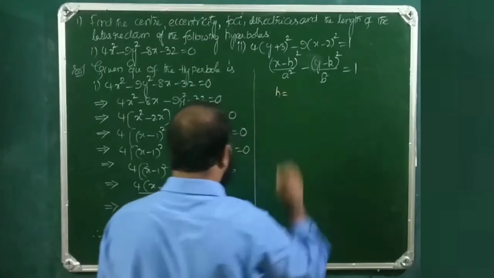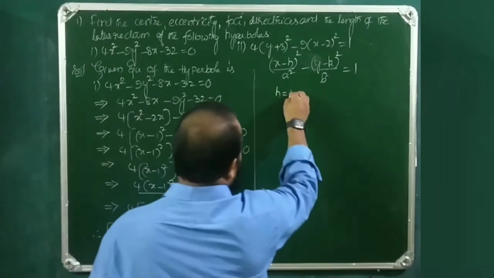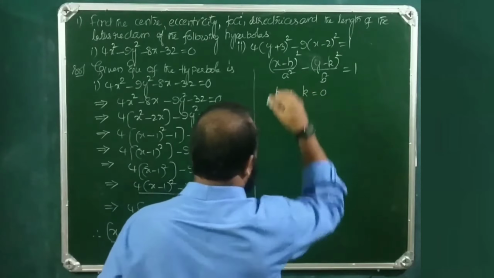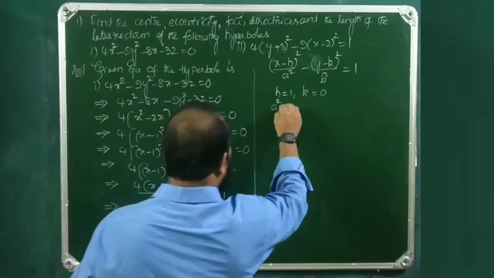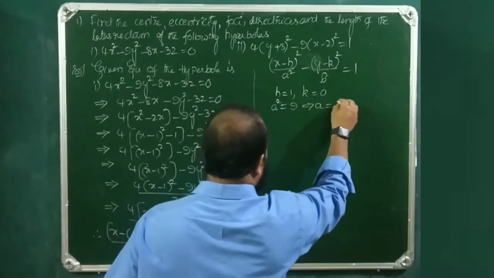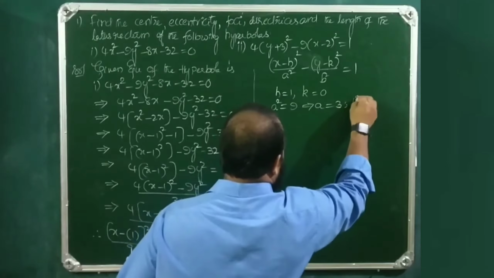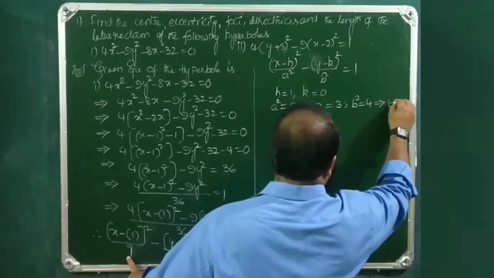So here h equals 1, k equals 0, and a square equals 9. From this a equals 3, b square equals 4. From this b equals 2.